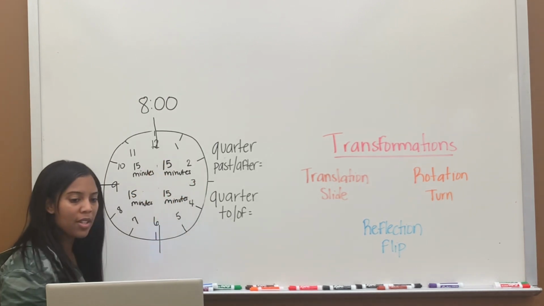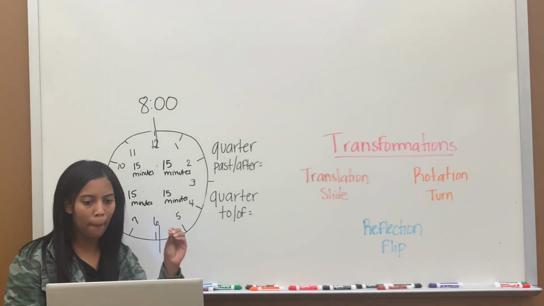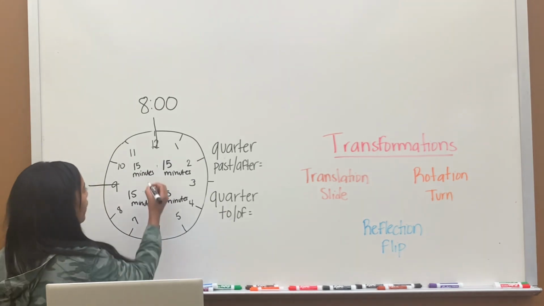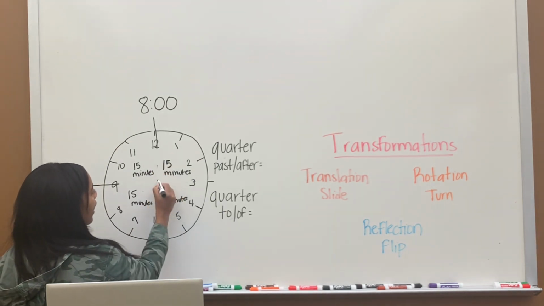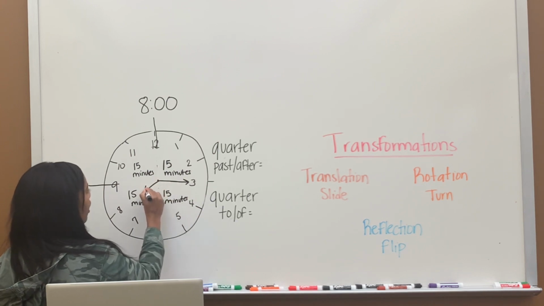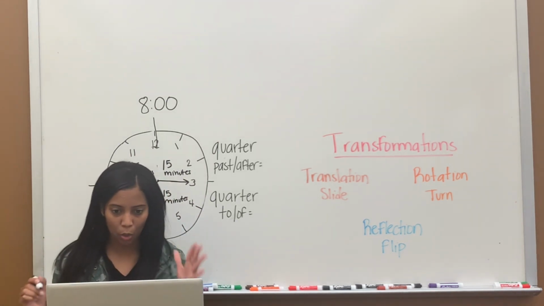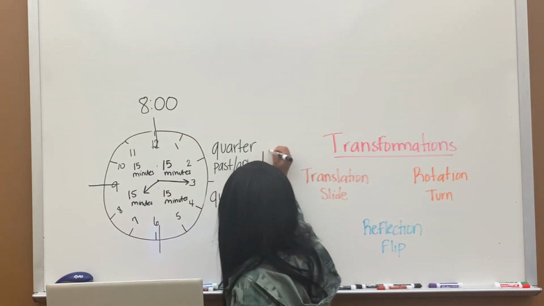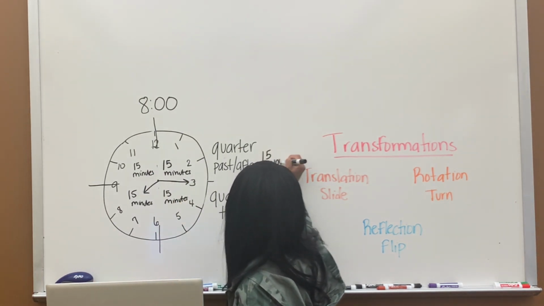So if I was to say it's a quarter past or a quarter after 8, what that means is it is 8:15, okay? So every time you say quarter past or quarter after, that means 15 minutes after the hour.